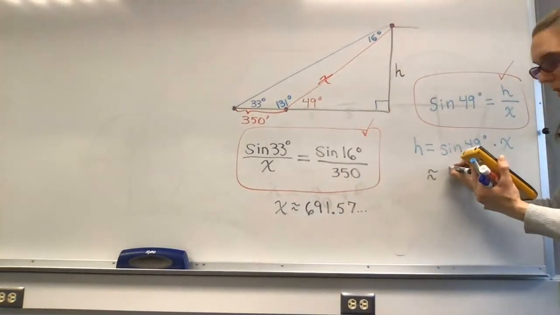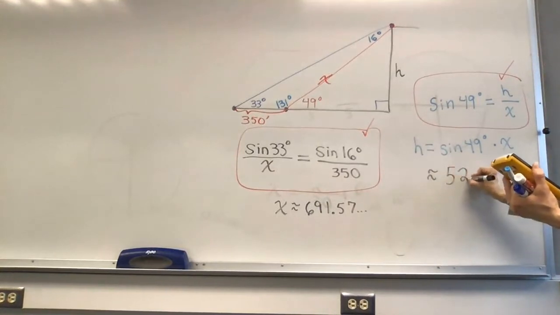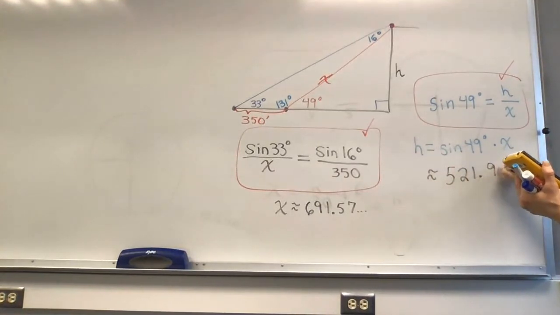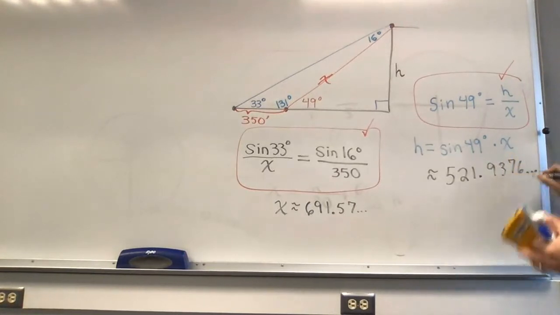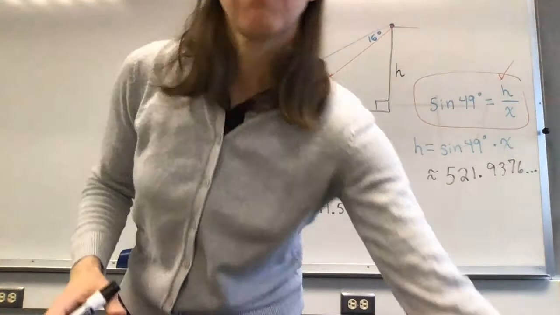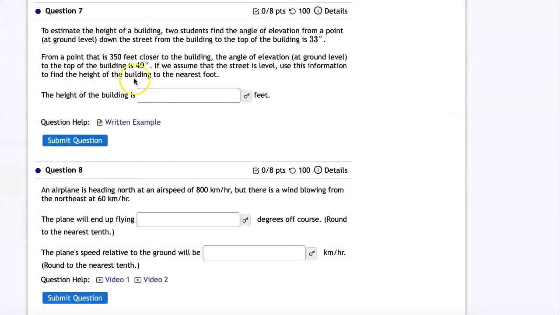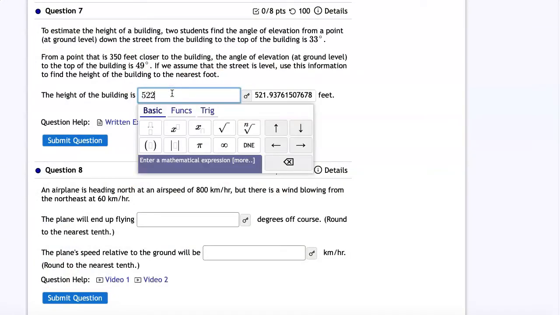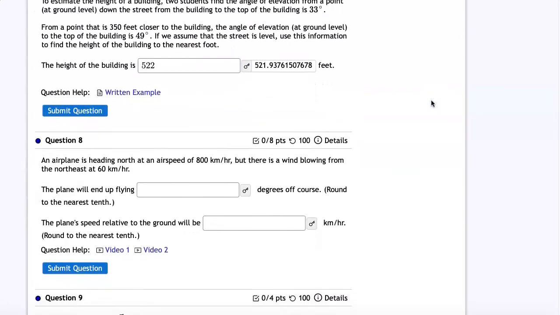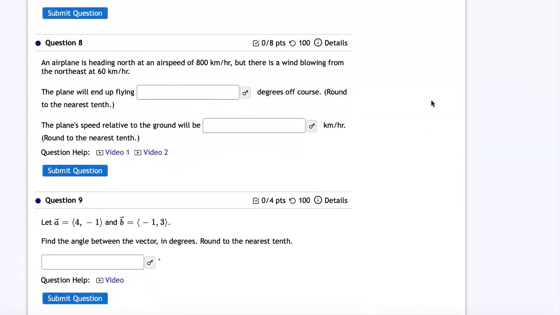So this one ends up being 521.9376..., which would round to 522 if I'm going to the nearest foot. So this would end up being a 522-foot building if you are rounding to the nearest foot. Great. All right, now let's go on to question number 8.